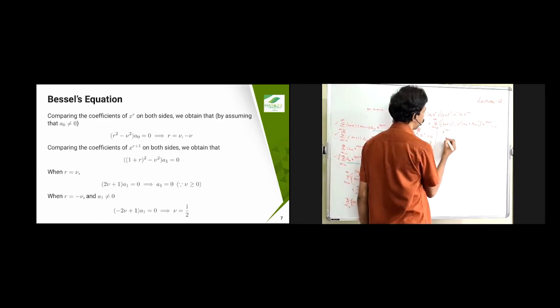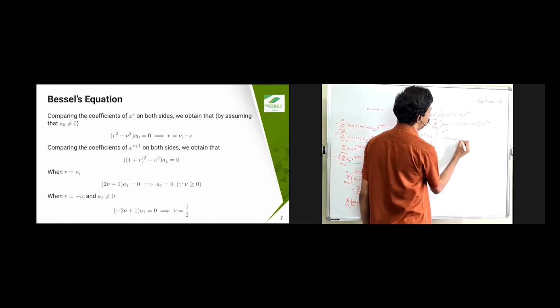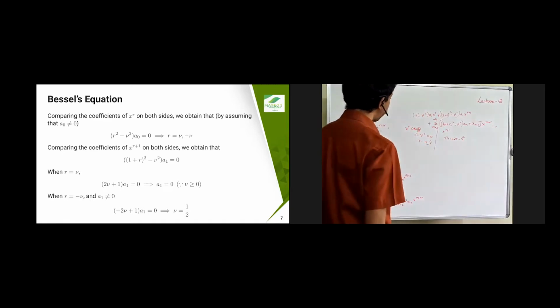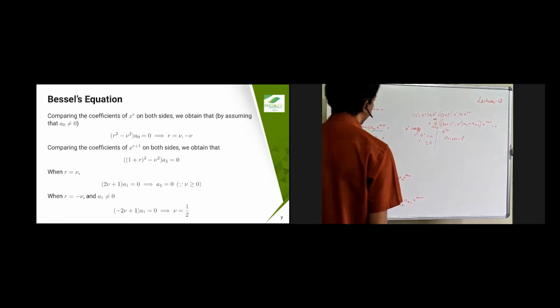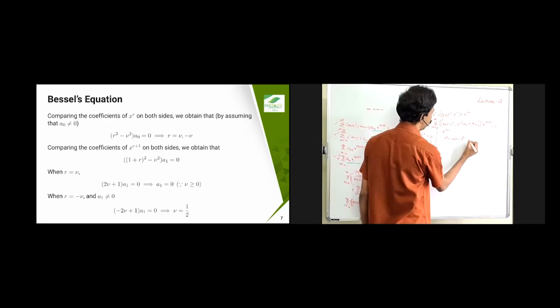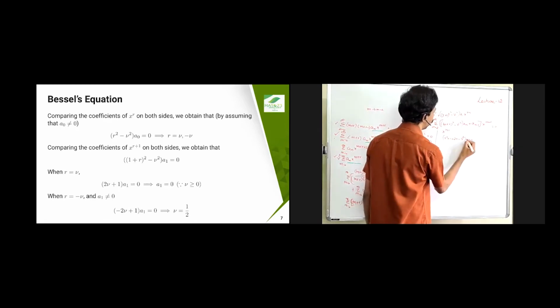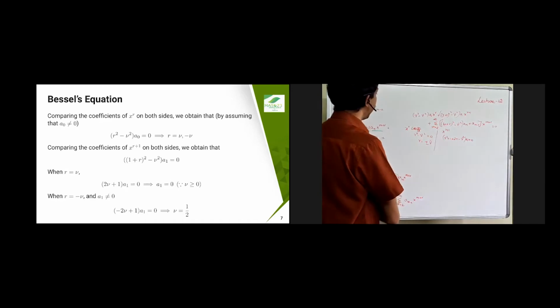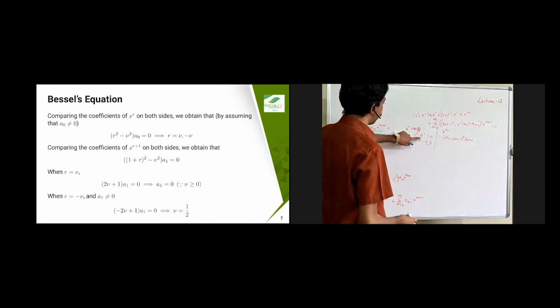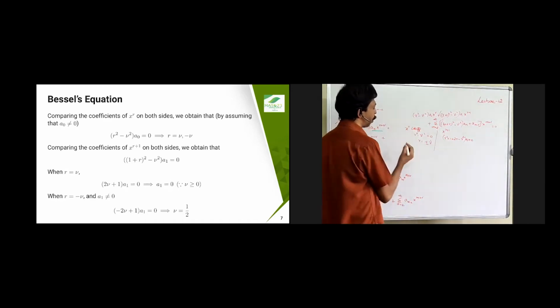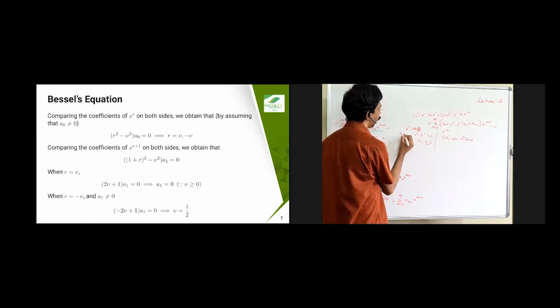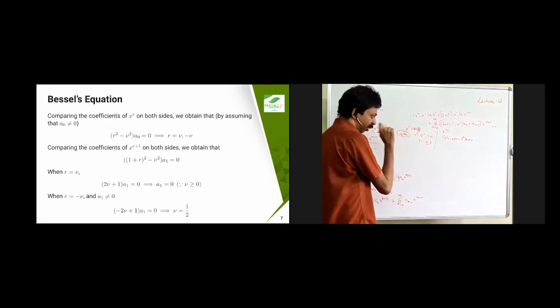This is going to become r square plus 1 plus 2r minus u square. So here, why am I choosing r square minus u square equal to 0? Because as per the Frobenius method we need to choose a naught not equal to 0. Therefore, we are going to do that. So this is the case.